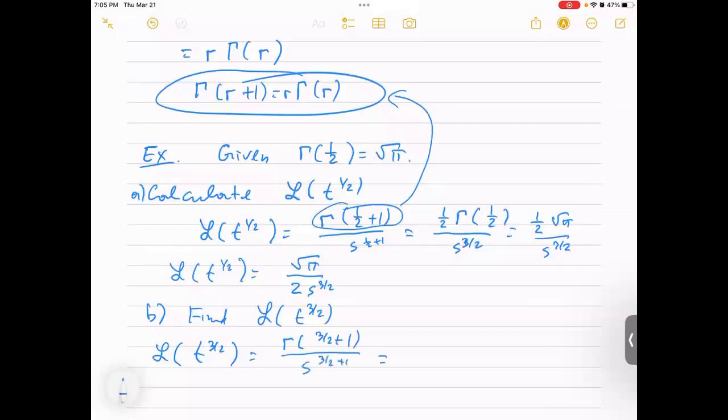Now to find the gamma function of 3/2 plus 1, we're going to refer to that star formula. So we factor 3/2 out, and we're going to need to find the gamma function of 3/2, divided by s to the power of 5/2.